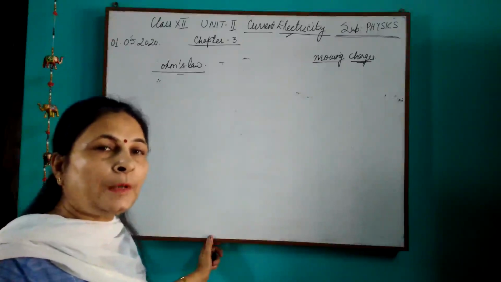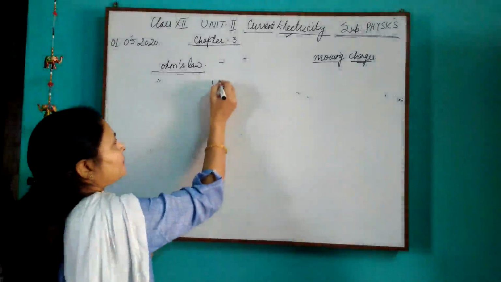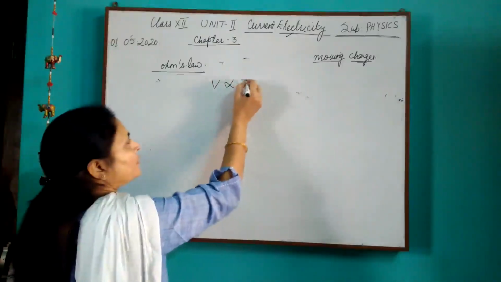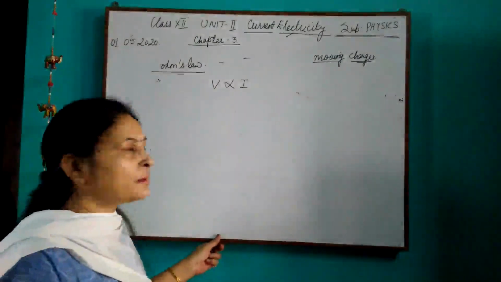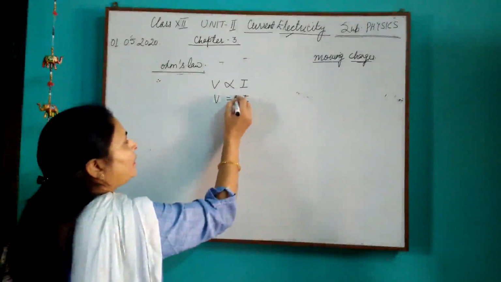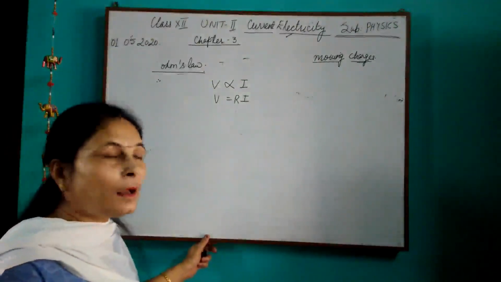He did an experiment and concluded that the potential difference across the ends of the conductor is directly proportional to the current, or V is equal to I, and there is a proportionality constant known as R.